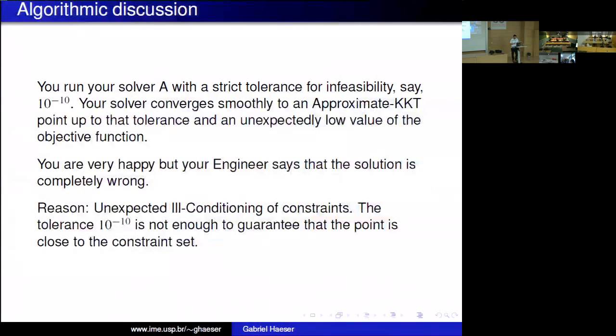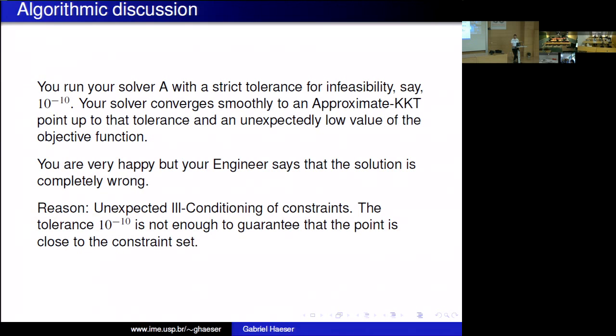Assume that you have a solver A, and you are very strict with respect to infeasibility. You have a tolerance of 10 to the minus 10 for infeasibility. You run your solver, and you are smoothly converging to a point that satisfies the approximate KKT condition up to some tolerance, and the objective function is unexpectedly low.